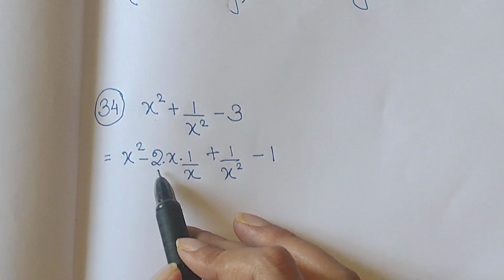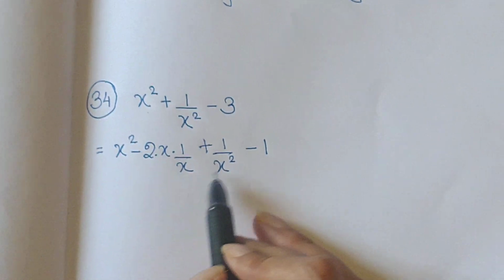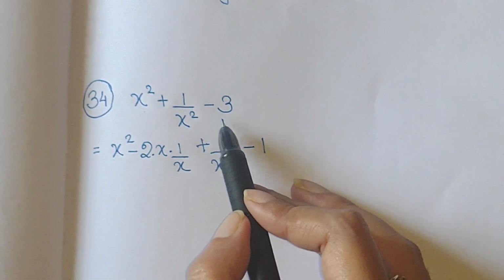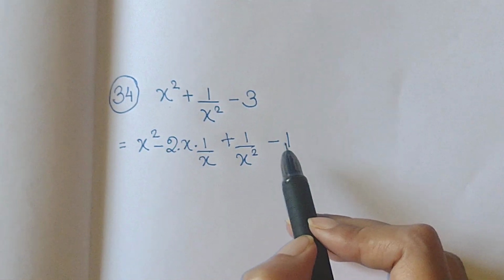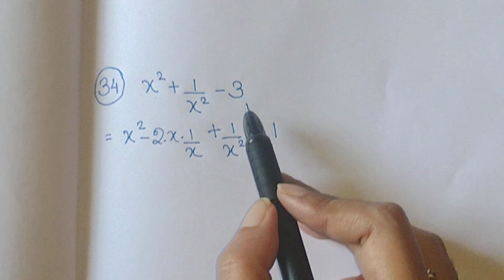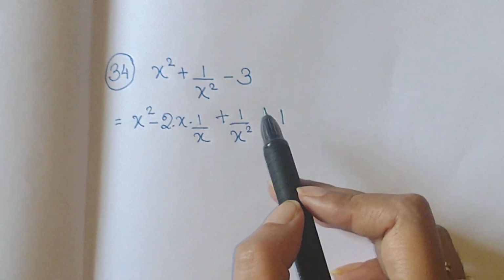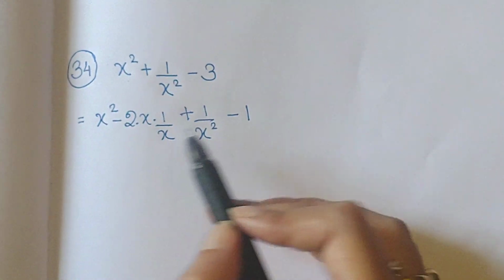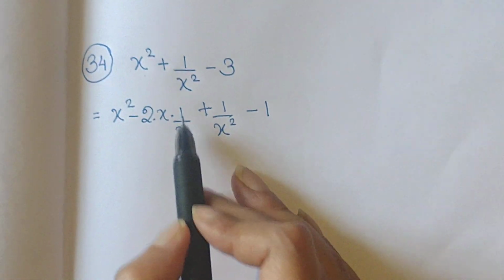I have introduced this 2 dot x dot 1 by x so that this can be written in an identity format, and I can also express 3 in such a way that it can be represented as a difference of two squares, because 3 is not a square term. So over here I have introduced minus 1 and minus 2 dot x dot 1 by x.